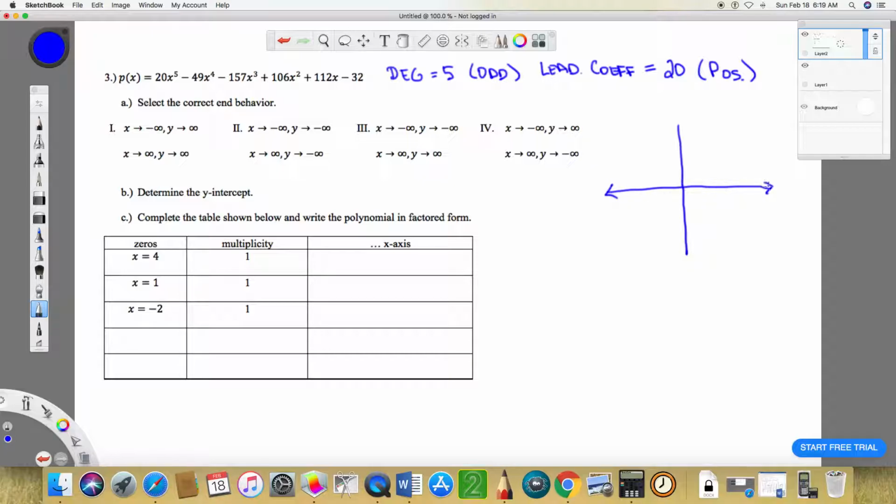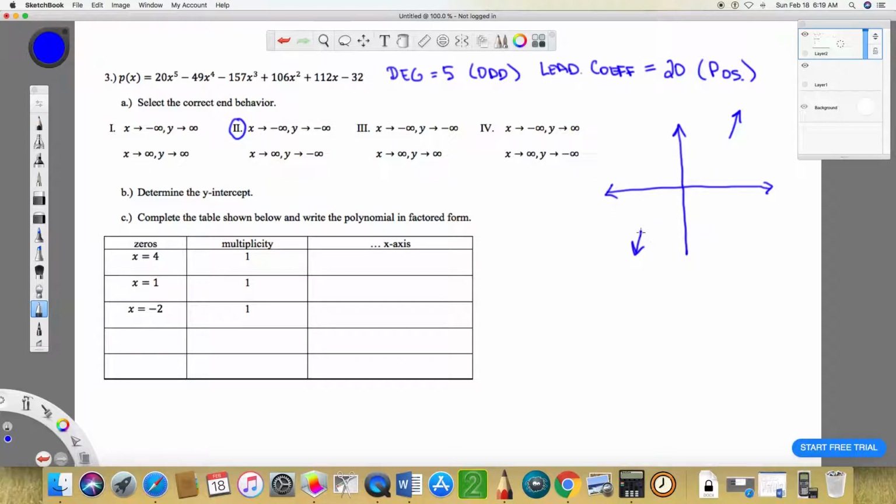As you approach x equals positive infinity, it's going to be going up to the right, and as you approach negative infinity, as you move to the left, you need to be going down on the graph. So that's this choice two.